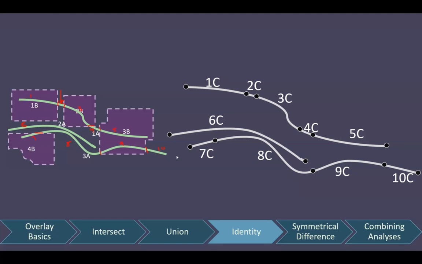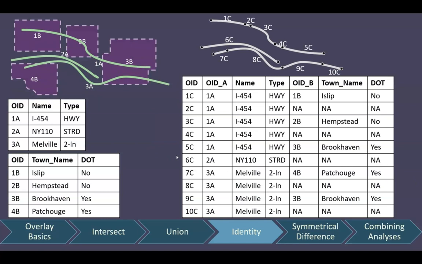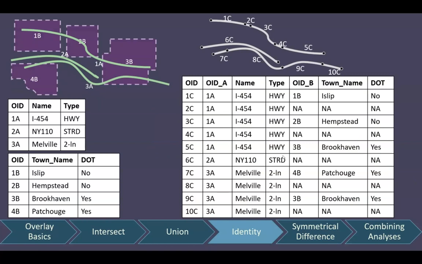And again, as always, because we're doing overlay analysis, we can't look at just the geometry. We have to look at the attributes as well. And so again, the thing to pay attention to here is the fact that for each piece now, there are no NAs in the A column, because we work for the Department of Transportation and we wanted to keep all of the road segments.